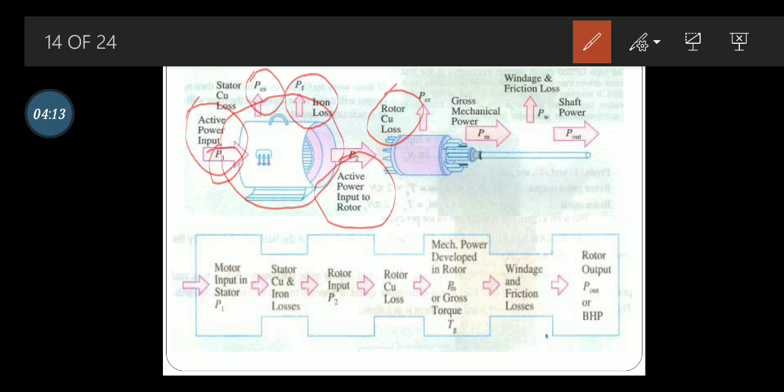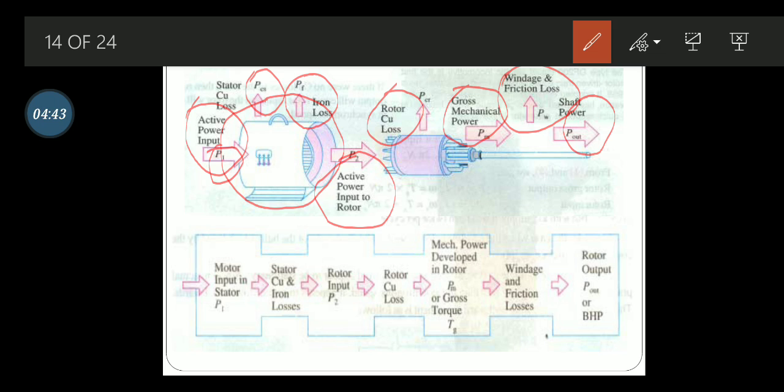So obviously you will get some output, that rotor output, which is represented as the gross mechanical power P suffix M. So obviously you will get some power at shaft, so that is called as the shaft power. So obviously here you will get the mechanical losses, that is windage and friction losses, that is P suffix W.